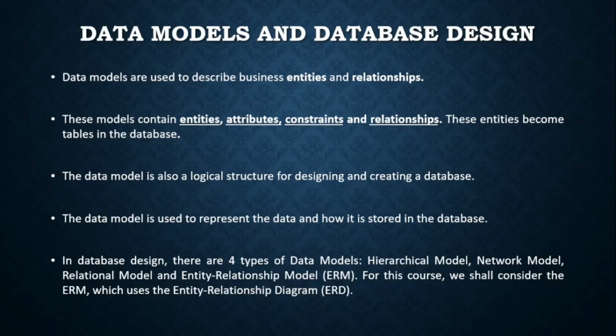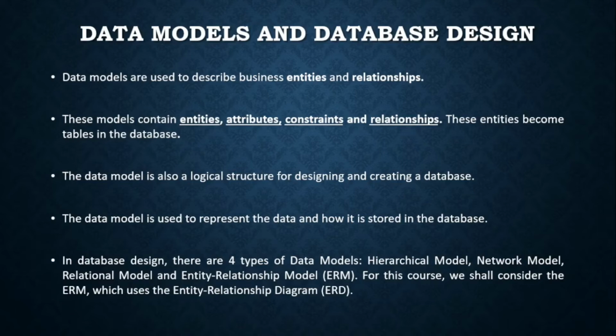Another thing you need to know about data models is that there are actually 4 types of data models that are used to design a database. The first one is the hierarchical model. The second one is the network model. The third one is relational model. And the fourth one is the entity relationship model. And this is what we're going to be considering for this course.